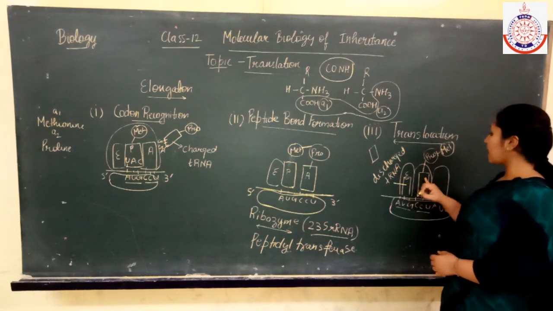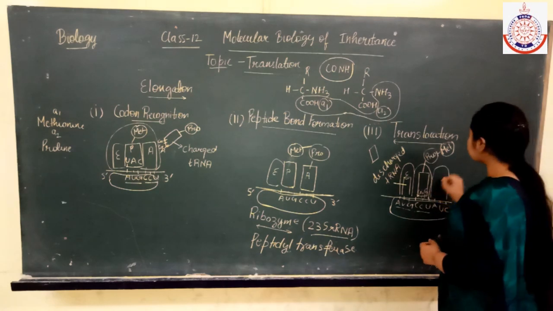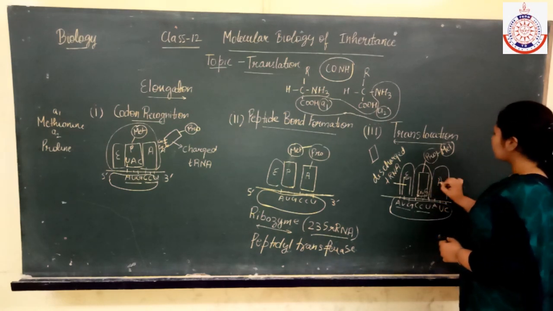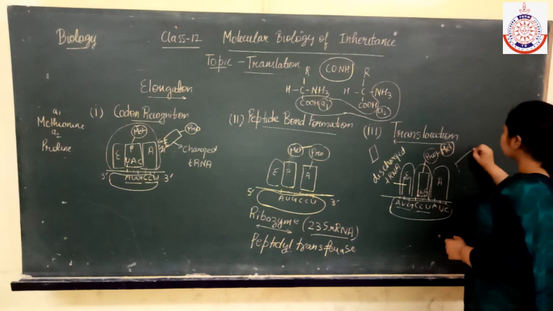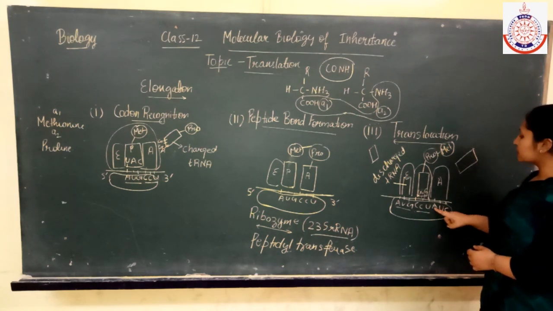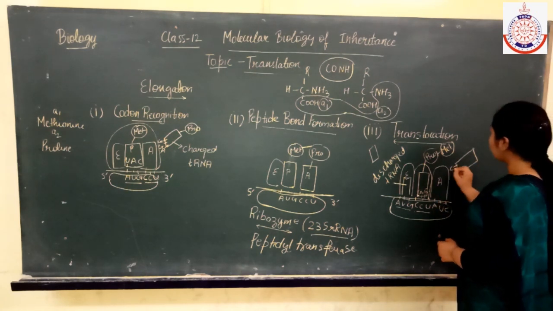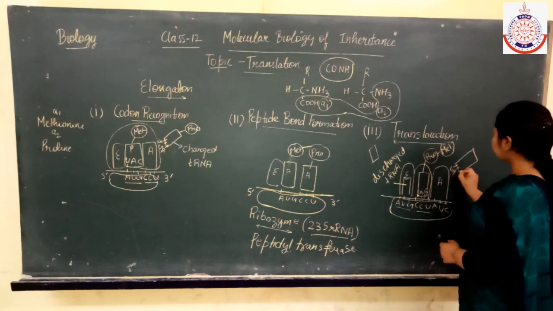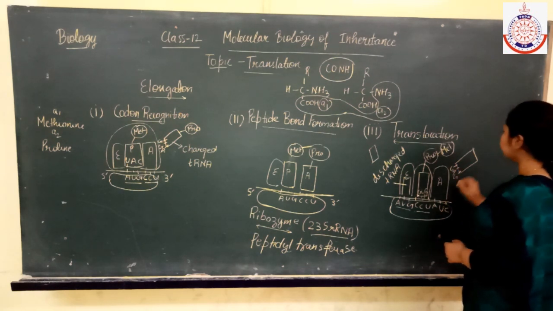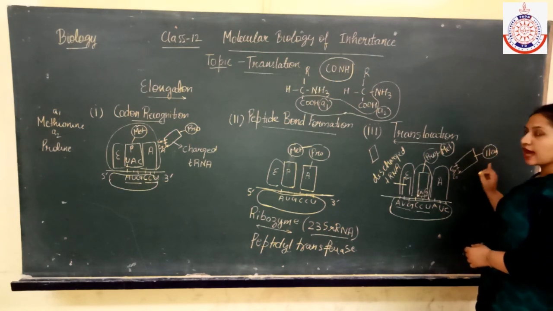And the P site has the tRNA which has 2 amino acids. And the A site is filled by another tRNA having the complementary base sequence with these codons, that is A binds with U, and C with G. Okay, so it will code for isoleucine.